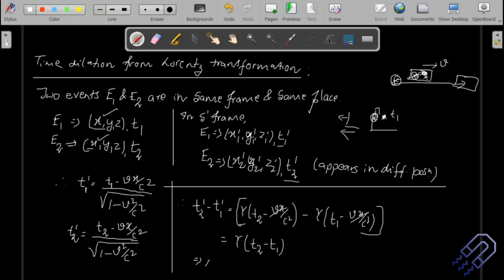It's a very small time interval that we are considering. So in the prime frame of reference we can simply write delta t prime is equal to gamma into delta t. So it's the same relation that we are getting.